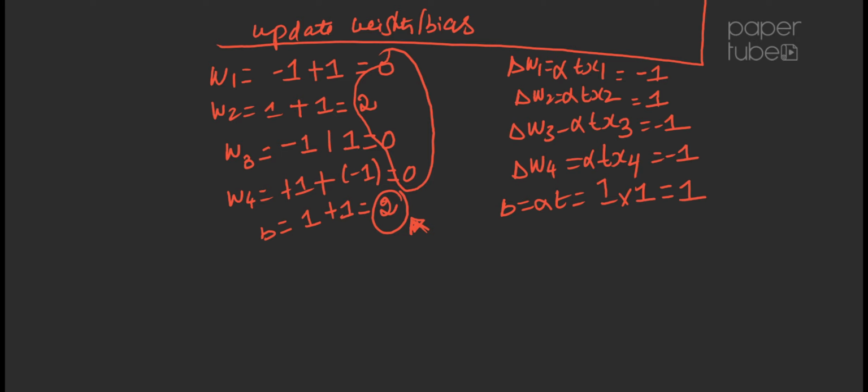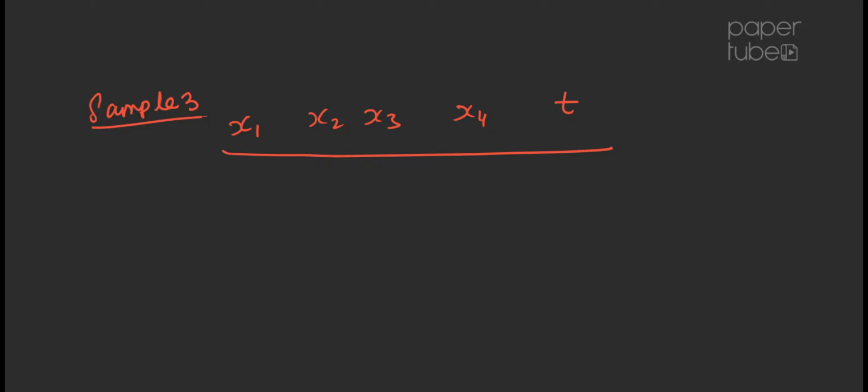So the next step is we have to take the corresponding inputs for the sample number 3, which is x1, x2, x3, x4, and the corresponding target value. So what's that value? Let's check. What are the values? For sample 3, it's 1, 1, 1, -1, and then -1.